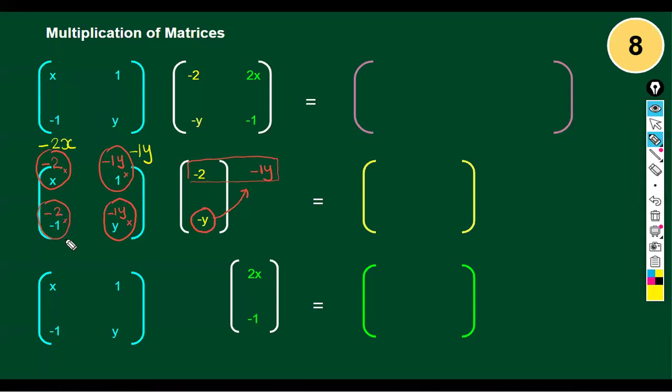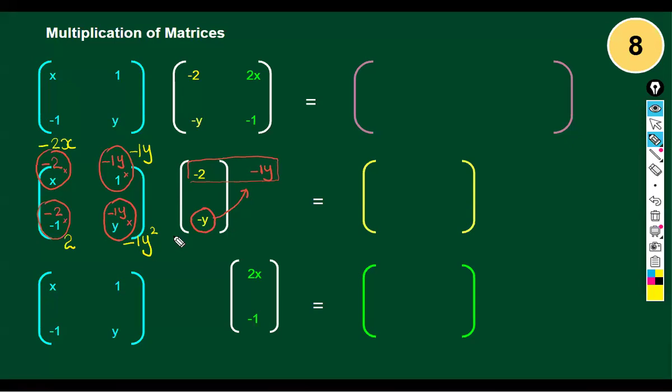Minus 2 by minus 1 is positive 2. And look at this one. I know some people might do this one wrong in their heads. Minus 1y by another y is minus 1y squared, because when you multiply a y and a y, you get y squared.